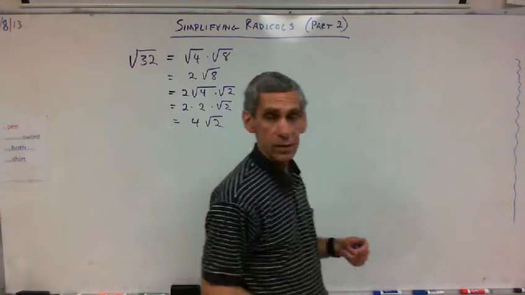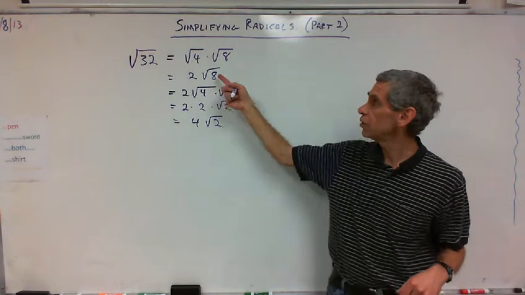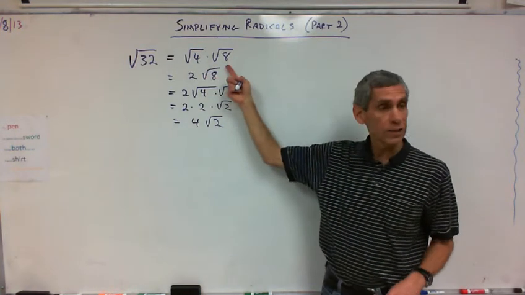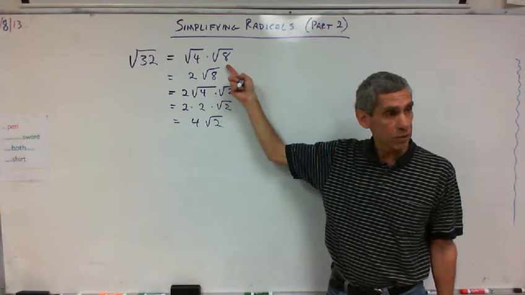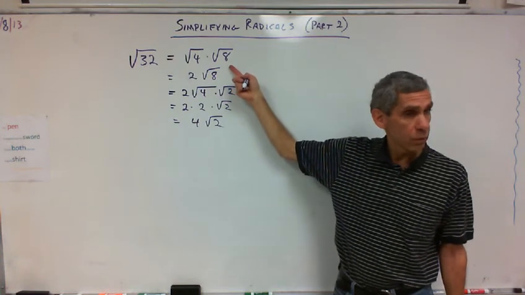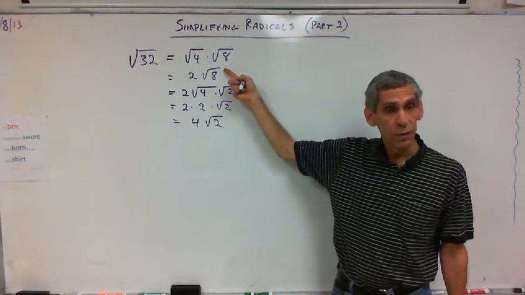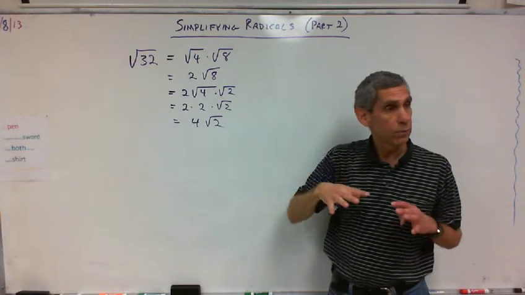All right. So it wasn't hard, and it's fine to do that, as long as you keep checking what's under the radical sign and making sure that there's no perfect square that goes into that number, and then you've gotten the simplest one.